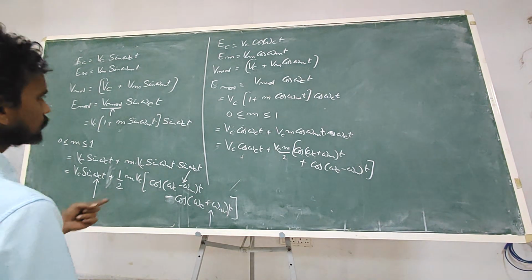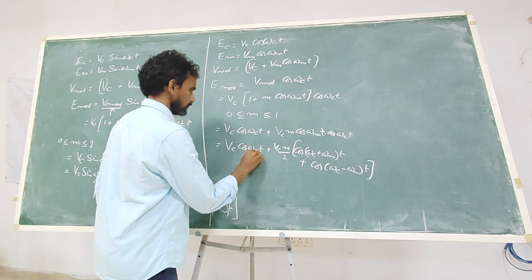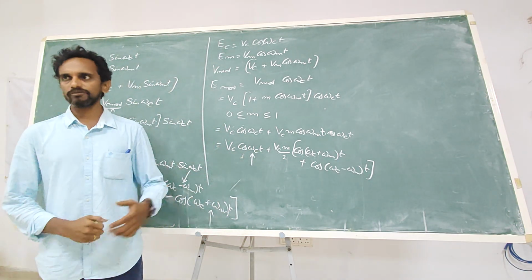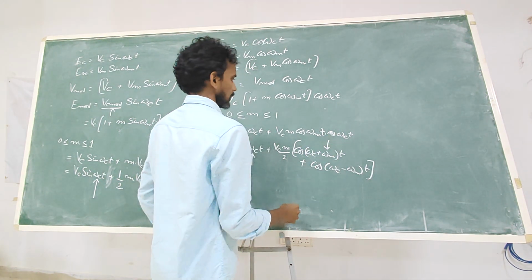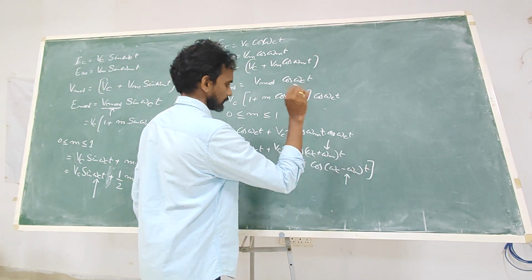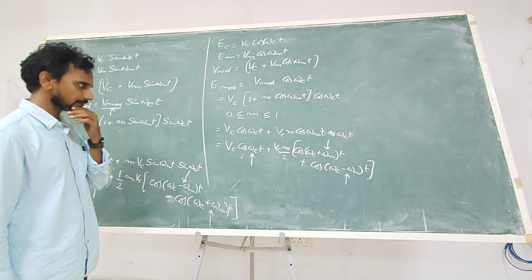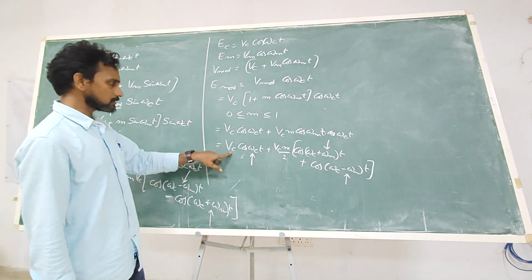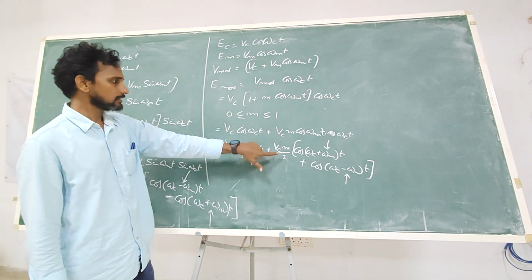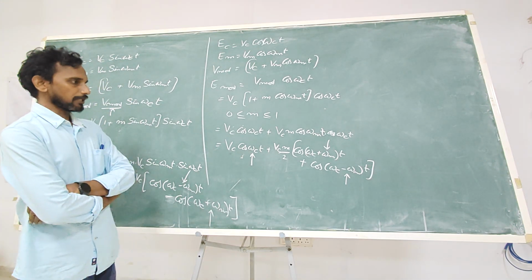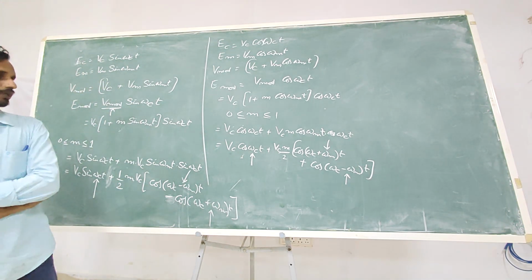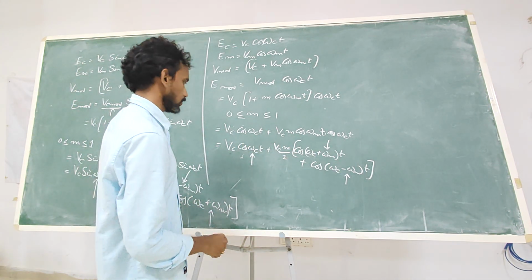Right, so here you have the carrier wave frequency, a higher frequency omega c plus omega m, and a lower frequency, with amplitudes Vc and Vcm by 2. And that's all.